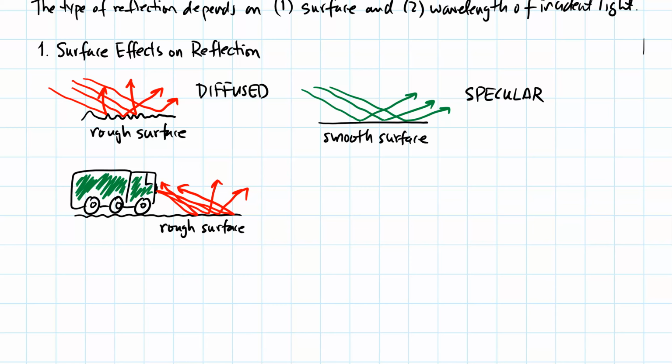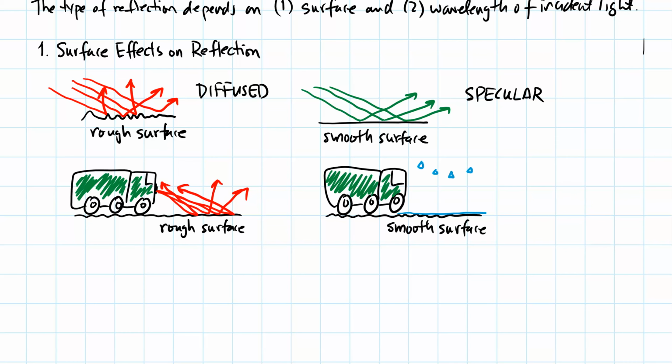On the other hand, if I have this same truck driving at night and it starts to rain, then the situation changes. The surface becomes smooth. Because the surface is smooth, what you're going to find here is the light is not diffused reflections, but specular reflections. It all goes in the forward direction, or very little gets back.